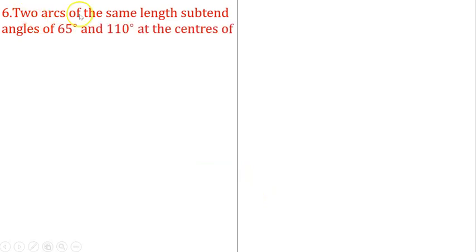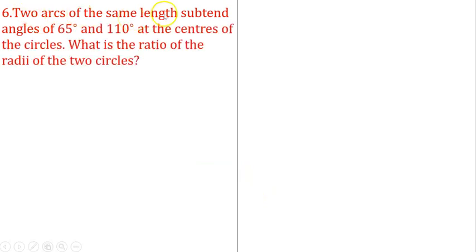Now next problem. Two arcs of the same length subtend angles of 65 degree and 110 degree at the centers of the circles. What is the ratio of radii of the two circles?